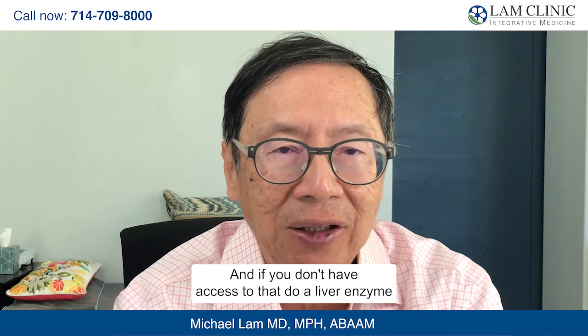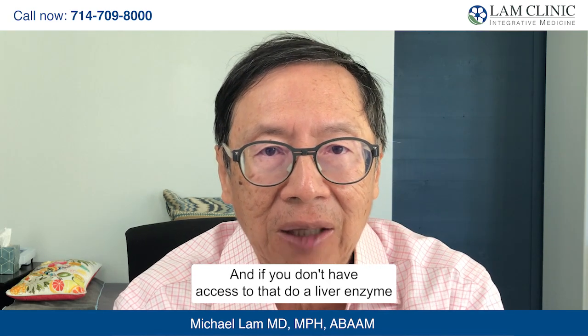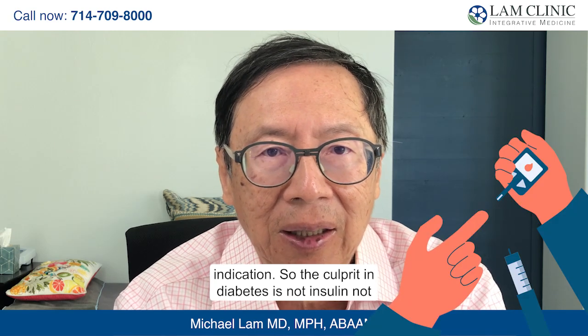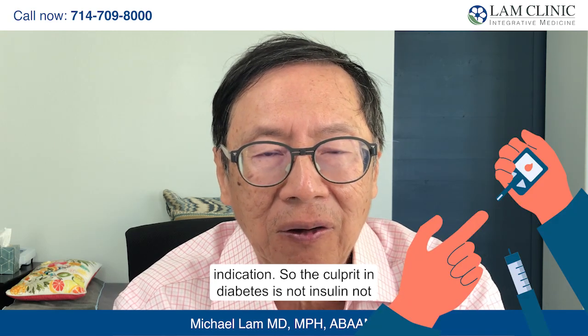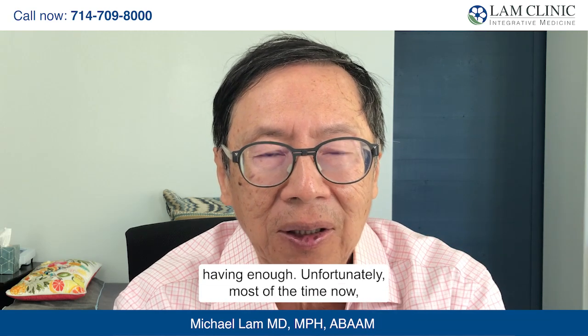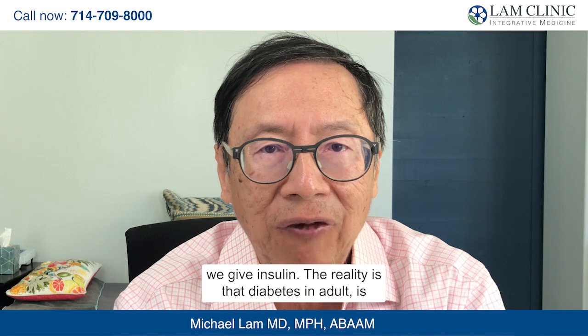And if you don't have access to that, do a liver enzyme called ALT, which in the fasting state will give you a good indication. So the culprit in diabetes is not insulin not having enough. Unfortunately, most of the time now, we think of insulin as a diabetic deficiency hormone, so we give insulin.